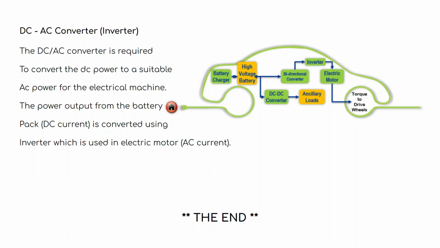The power output from the battery pack is converted using the inverter, which is used in the electric motor. So that's it about the power electronics and the architecture involved in electric vehicles as well as in hybrid electric vehicles.